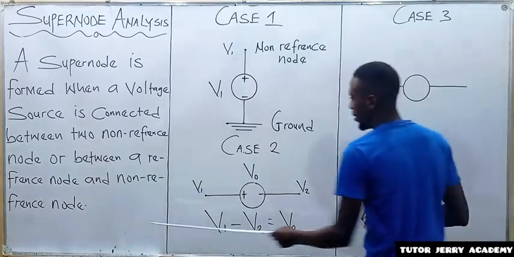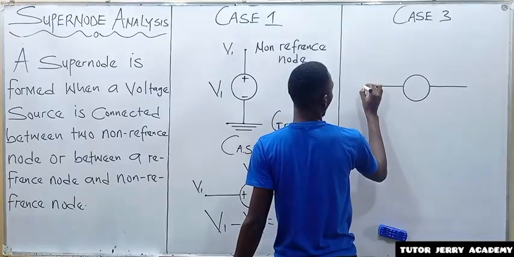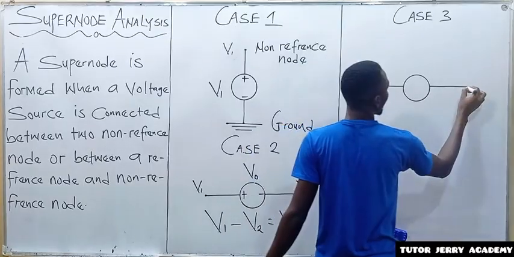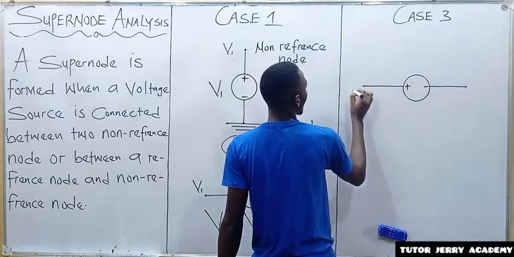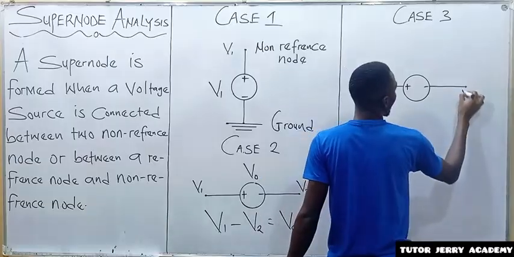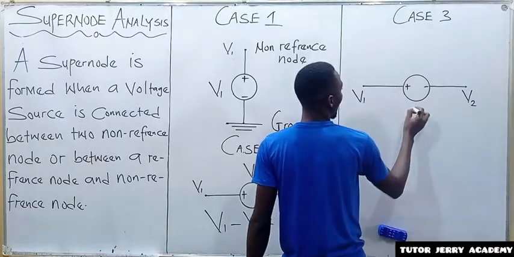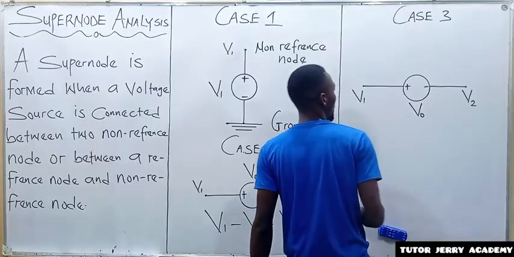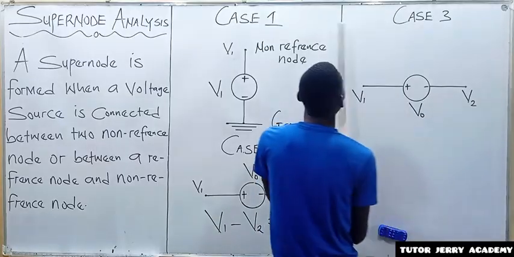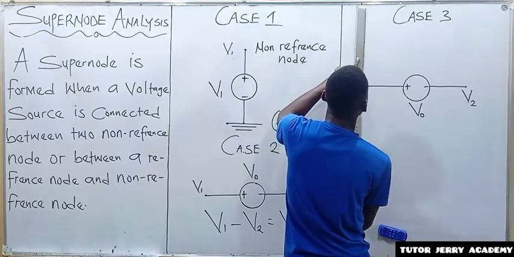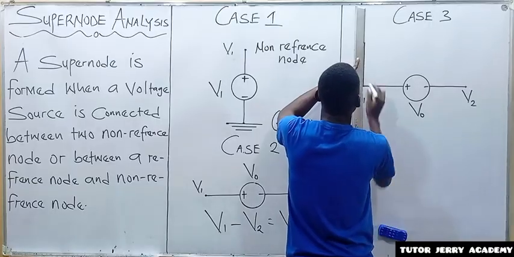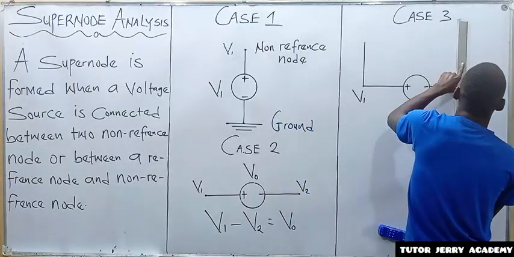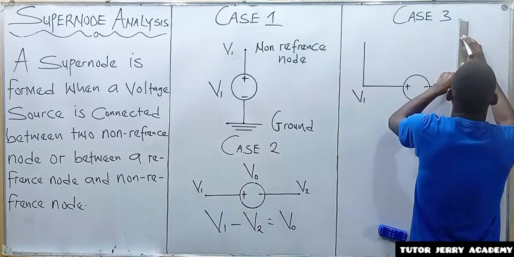So let's call this place positive, negative. This is our V1. This is our V2, and this is our V0. All right. So if we now connect a resistor to this in parallel.